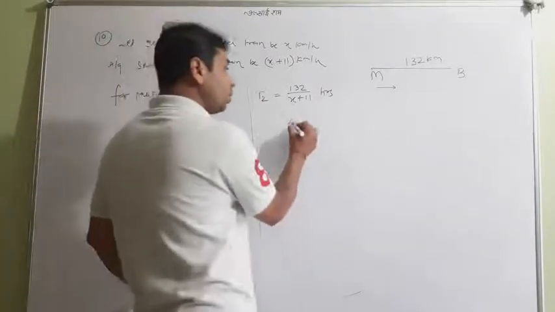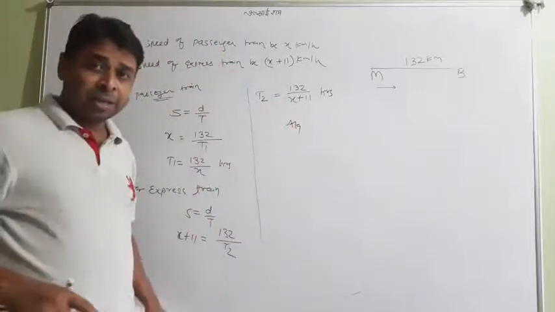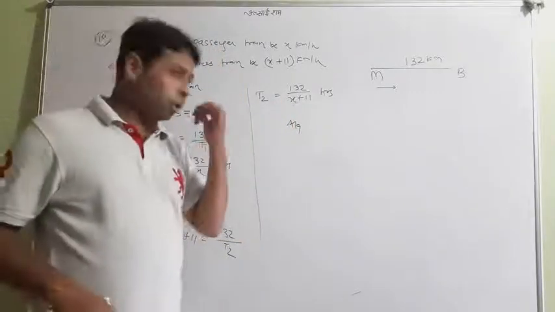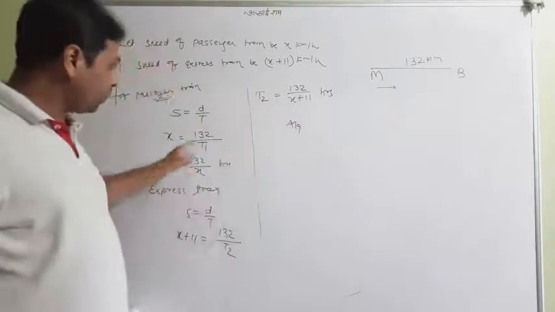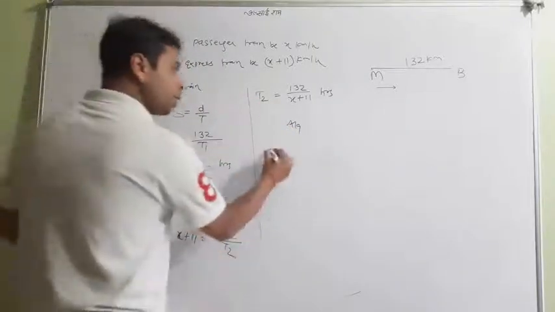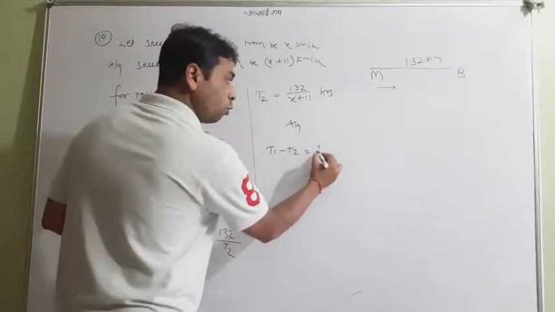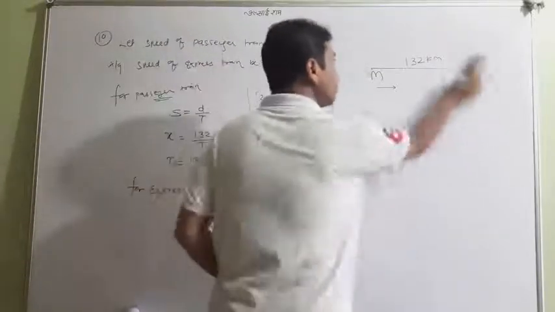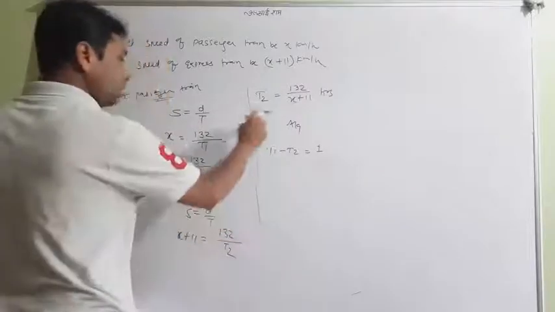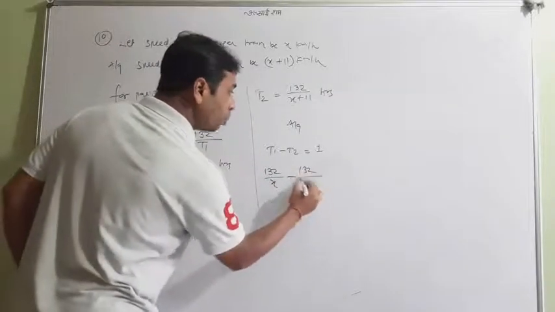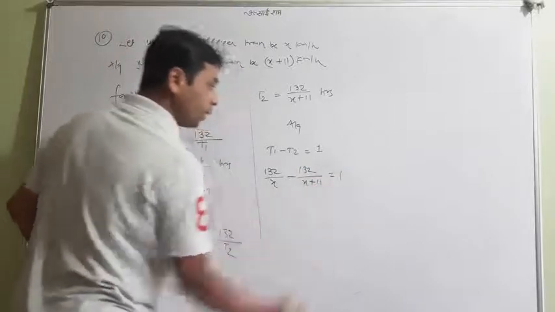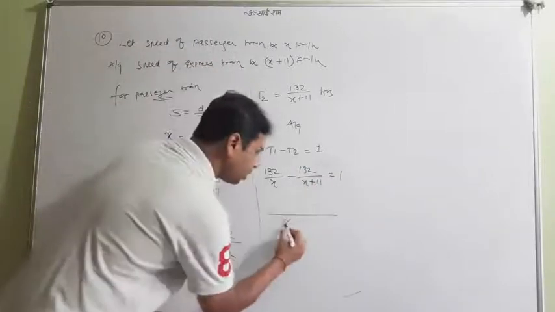So as per the question, the express train takes 1 hour less, meaning the difference between these two times is 1 hour, meaning t1 minus t2 is equal to 1 hour, same as we did in the last one. So 132 upon x minus 132 upon x plus 11 equals 1. So let me complete the same method.